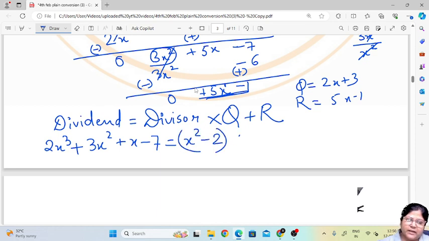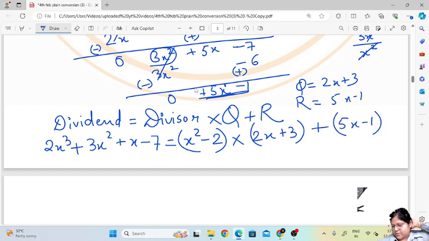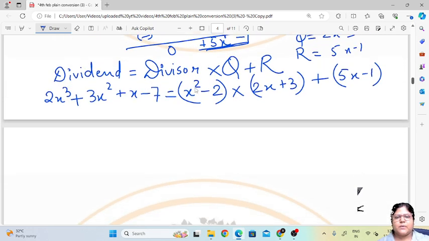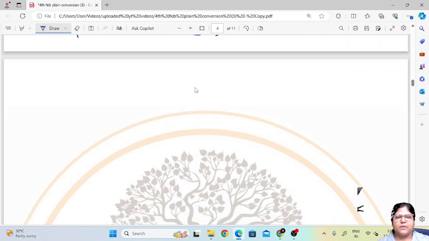We'll put in bracket into quotient. Quotient is 2x plus 3. Another bracket plus remainder is 5x minus 1. If you put in bracket, you won't get confused. Okay, so this is the way. They are not saying to solve, so you just have to write it in the form of the formula given. That's it. For 3 marks, this much is enough to do.